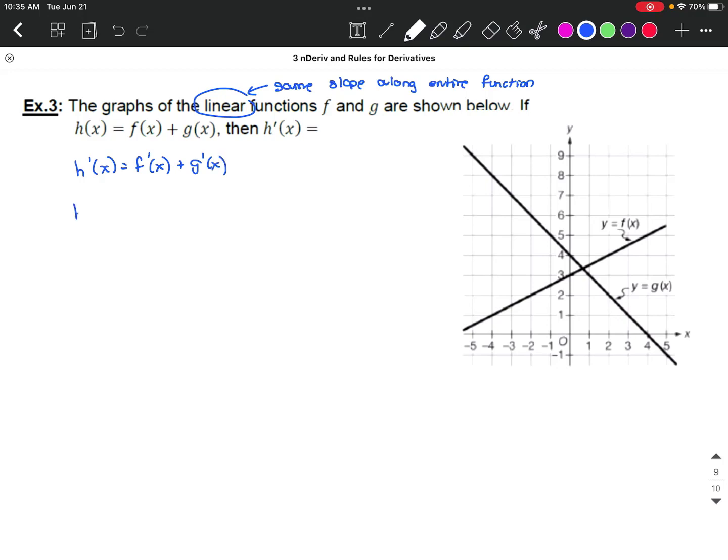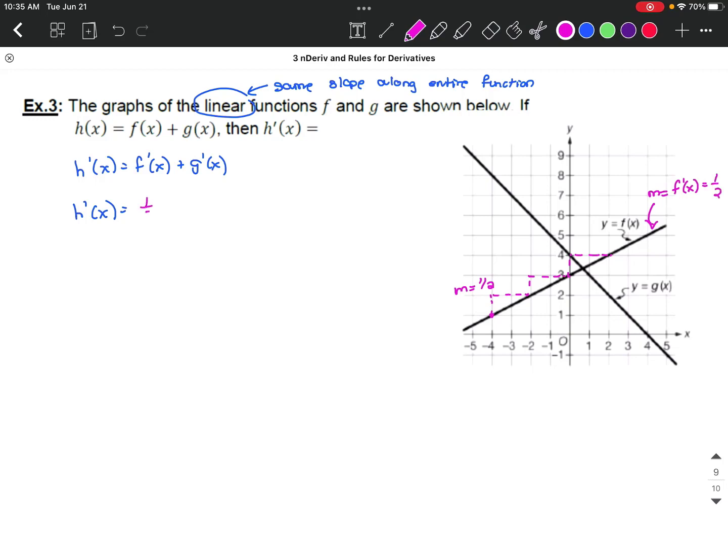But wait a minute. F prime of x is just going to be the derivative of this line, which is the slope. Well, what's the slope of this line? This line, let's see, from here to here, we go up 1 over 2, up 1 over 2, up 1 over 2. This has a slope of 1/2.